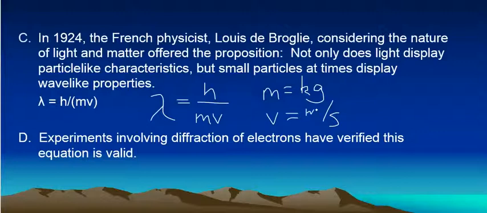So when you throw a baseball, it moves in a wave. Now we're unable to see the wave-like motion of the baseball because the mass is too large. But everything moves in waves. All moving particles move in waves. And experiments involving the diffraction of electrons have verified that this equation, the de Broglie equation, h over mv, is correct.